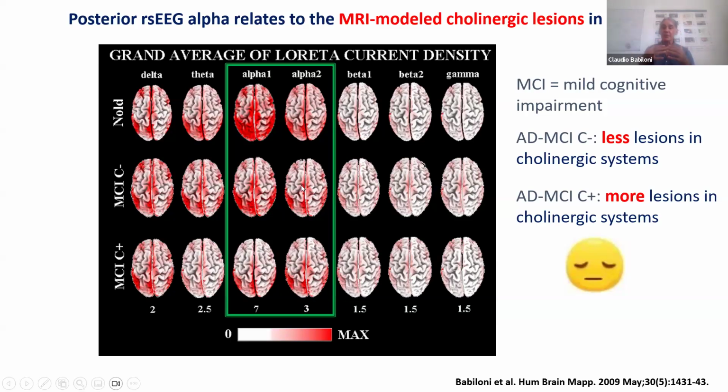So another demonstration that the vigilance systems related to cholinergic modulation of thalamocortical activity are relevant in Alzheimer's disease patients, even in the mild cognitive impairment state.